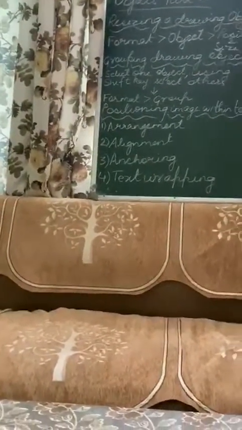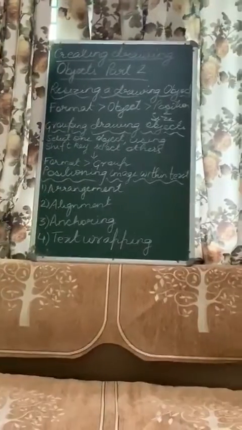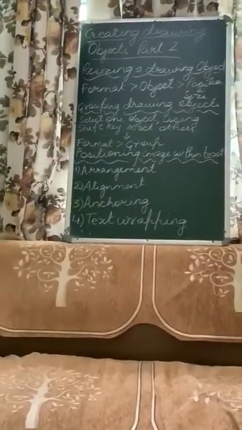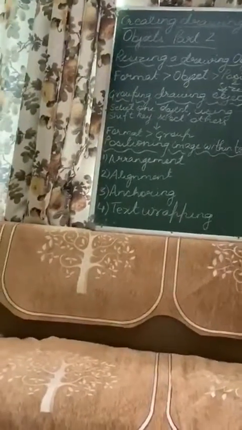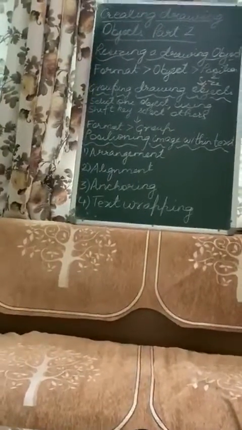You can follow any of these four, that is arrangement, alignment, anchoring or text wrapping, to position the image within the text. This will help you in arranging the graphic around the text easily.